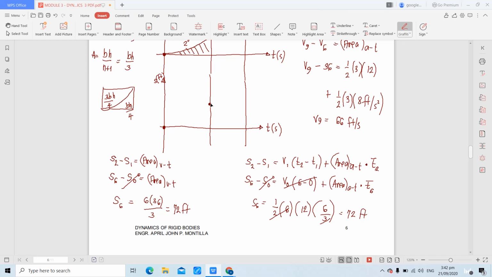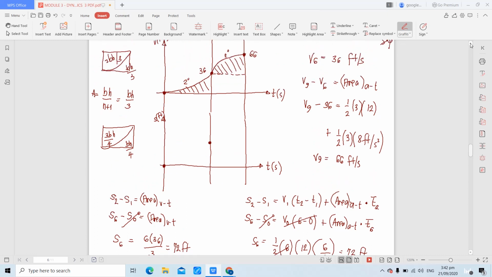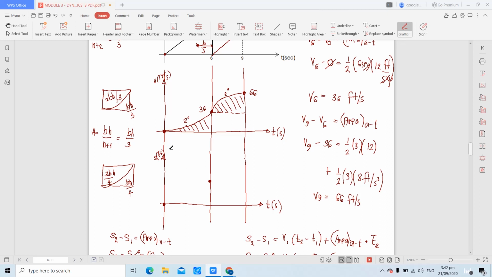Positive, nasa taas. No? Ang tanong ulit ngayon, papaano natin i-connect yung dalawang point na to? Again, magbe-base tayo sa curve na nasa itaas niya. Yung point na to ay 0. Magtatapos kay 36. So, starting point is a minimum point. Therefore, dapat minimum curve.